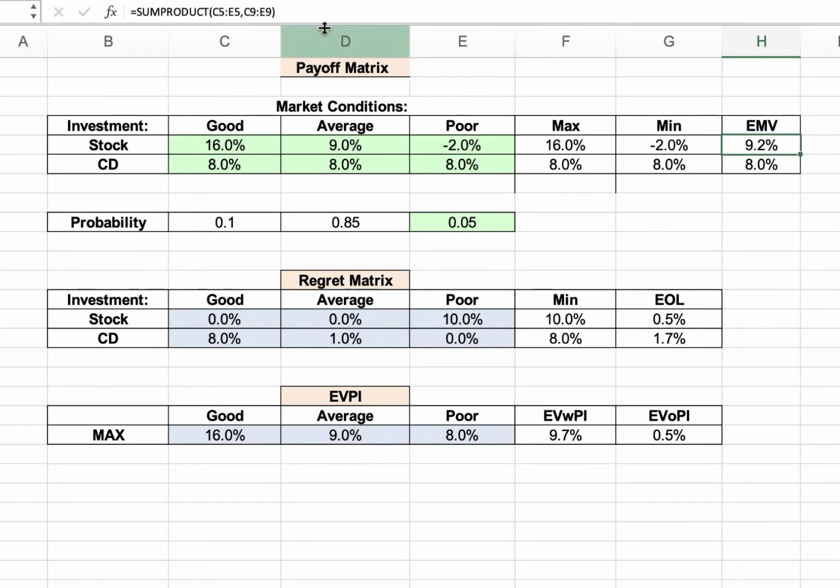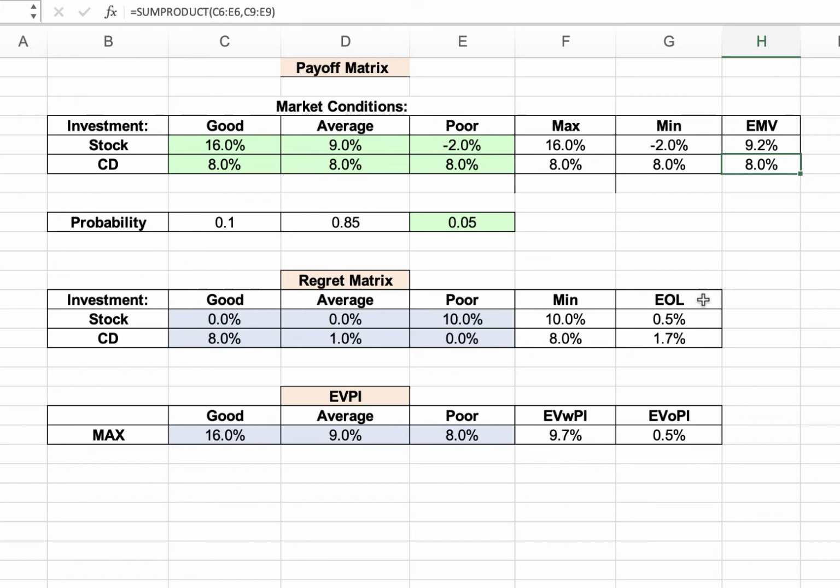So using our sum product calculation, we can obtain an expected monetary value, or simply an expected value. This is simply a weighted average, weighting each payoff by the corresponding probability. The expected return for the stock is 9.2%, while for the CD only 8%. So according to the EMV approach, we would invest in the stock. That would be our decision.